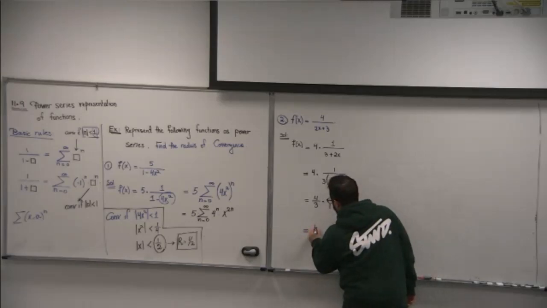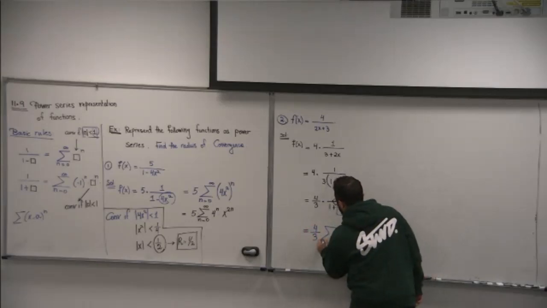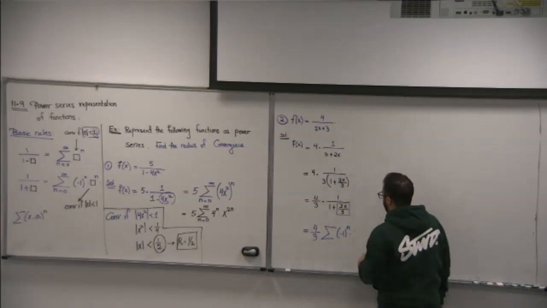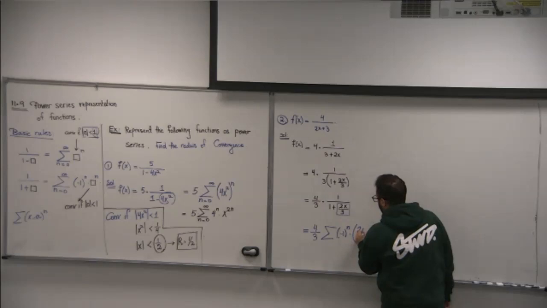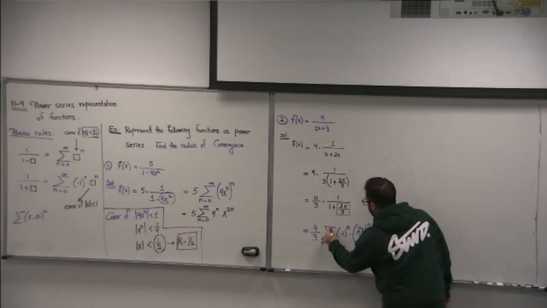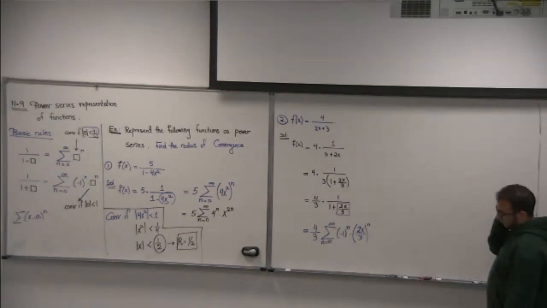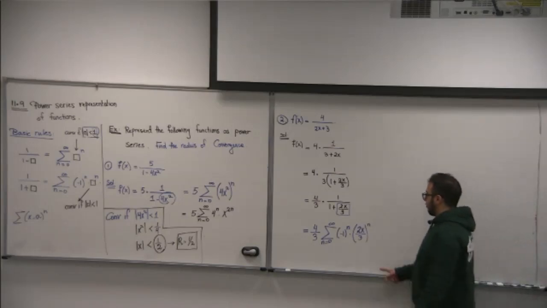Now you can find a series out of it. This is the plus version. So it's minus 1 power n multiplied by the stuff inside the box, power n, from 0 to infinity. Okay. Now, what's the radius of convergence?